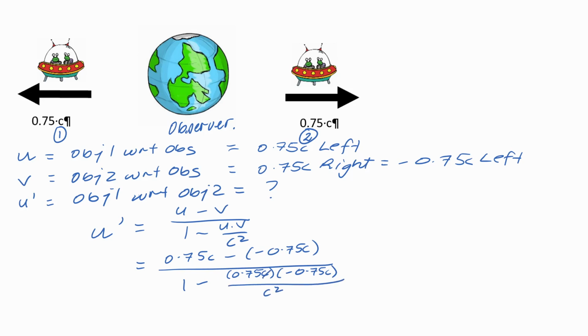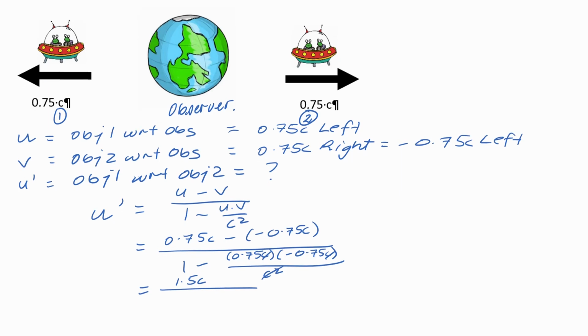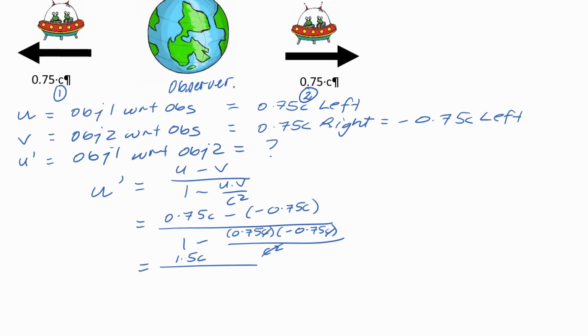Now you'll see that that c and that c will cancel with those down the bottom there. So what I end up with is about 1.5 c divided by 1 plus, because that negative and that negative cancel each other out, 0.75 times 0.75.